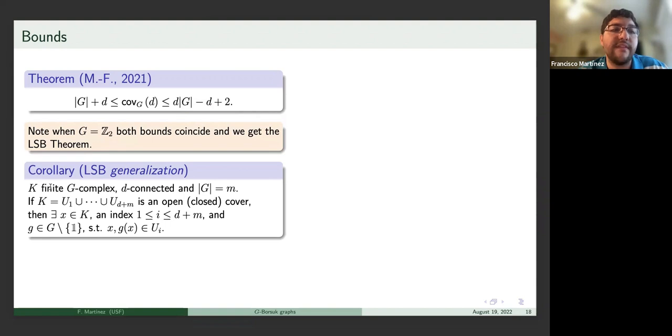If we have K a finite free G complex, which is D-connected, and the size of G equals M, then if we cover K with D plus M open or closed sets, then there will exist some I and some G so that X and G of X are in the same U_I.